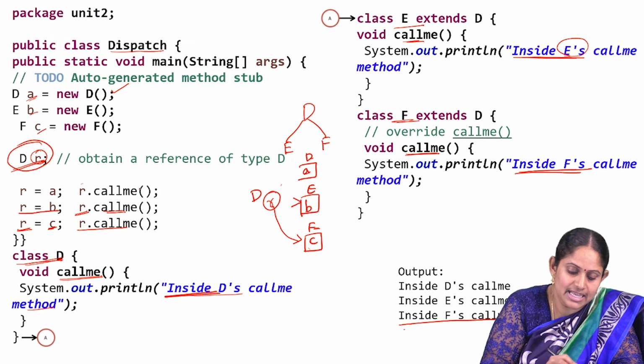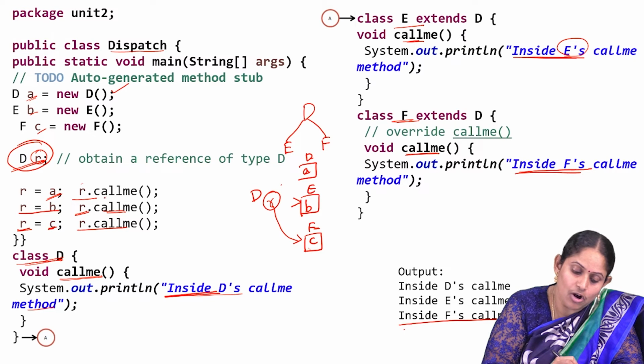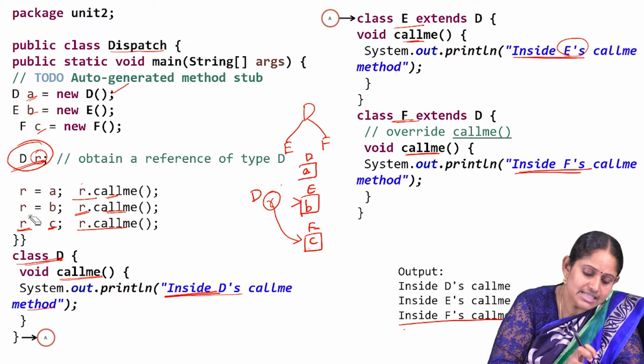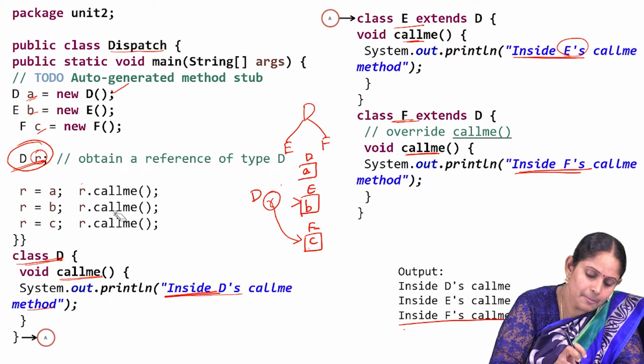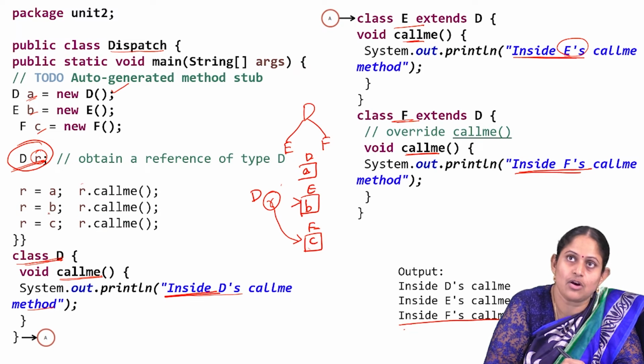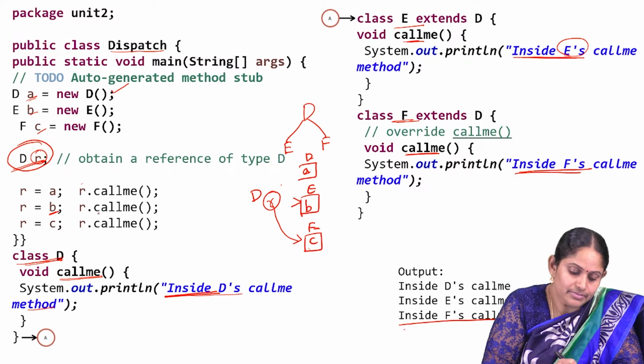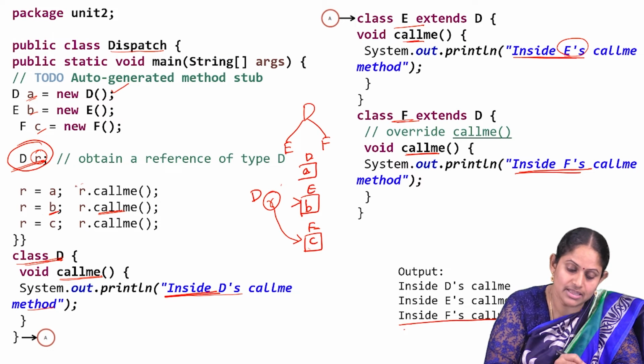So in the first case, R was pointing to the parent class D, so the callme method will be the version of class D. In the second case, it is pointing to B, so it will be invoking the callme method inside the E class.